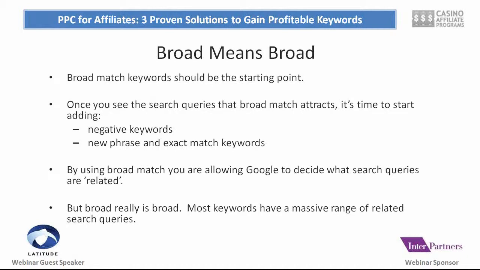Most keywords have a massive range of related search queries, so don't just have accounts full of broad match. It's fine as a starting off point, but as you look to optimize your accounts, you should be looking to move away from lots of broad match keywords to more phrase match and more exact match, as it gives you much more control.